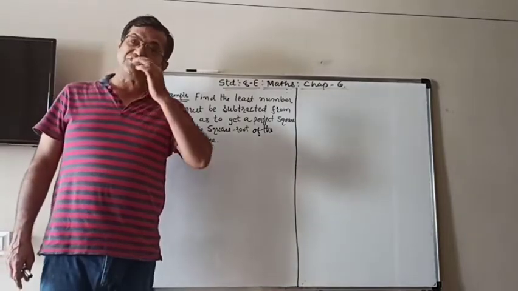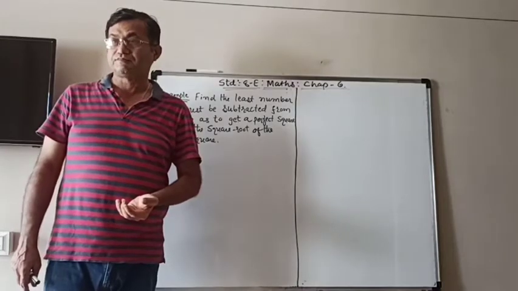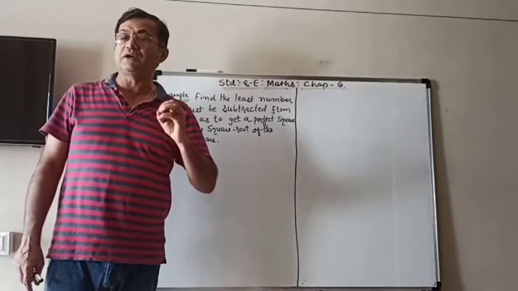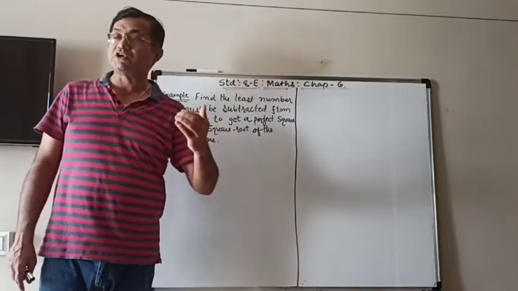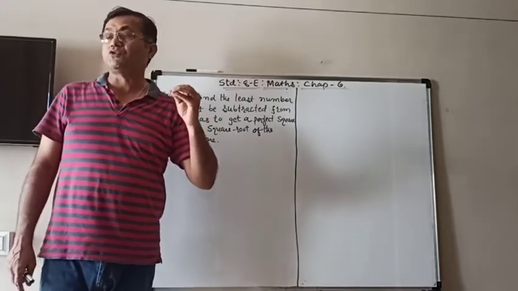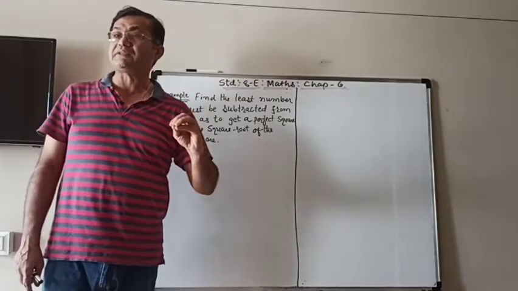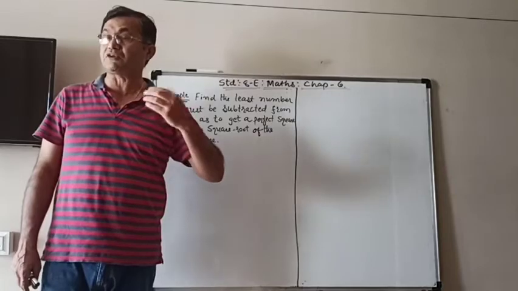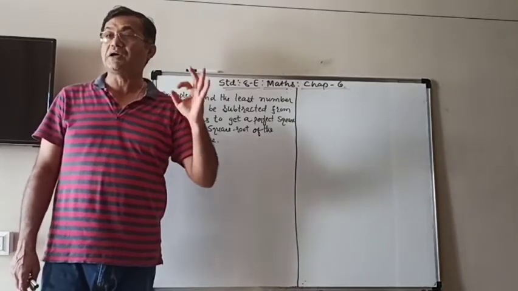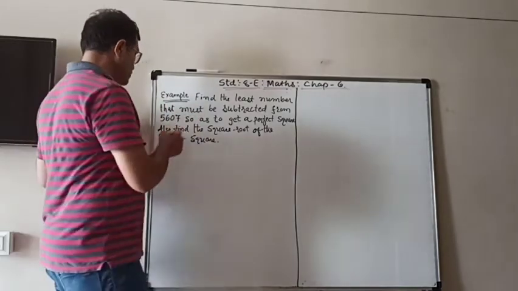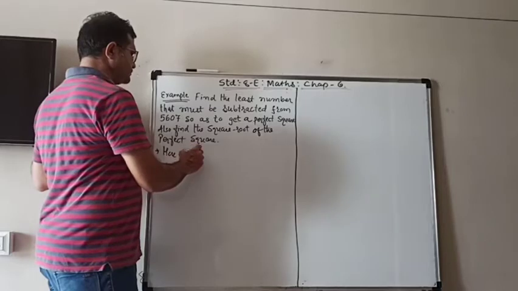We have to find which number should be subtracted from it so that we get a perfect square number, and then find the square root. So here also we try to find the square root by the division method and find the remainder. Here the remainder will not come 0, because 5607 is not a perfect square number.